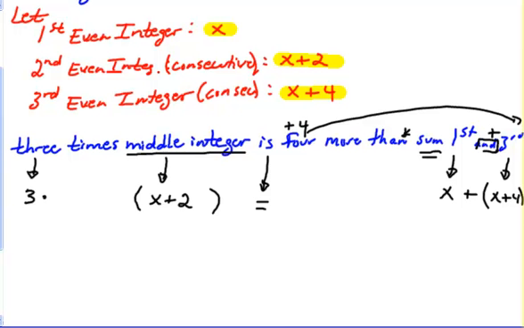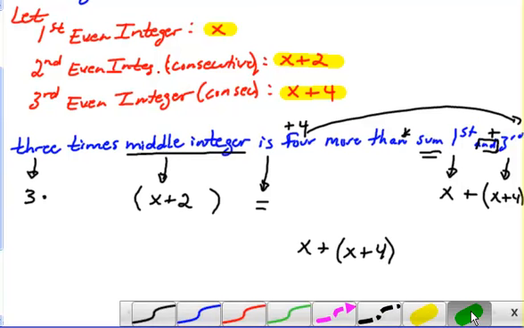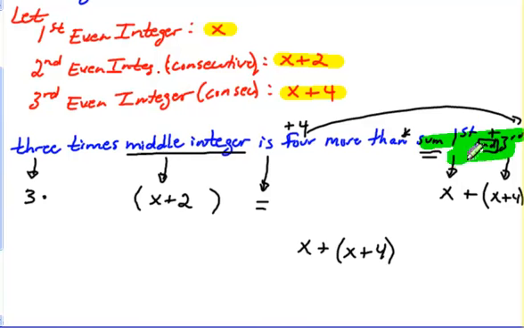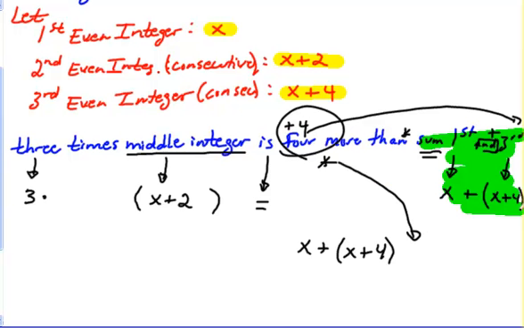And we still have the plus 4 on the end. That all came from right there. We can't forget this plus 4 from right there, so we'll put that at the very end of this statement, plus 4.